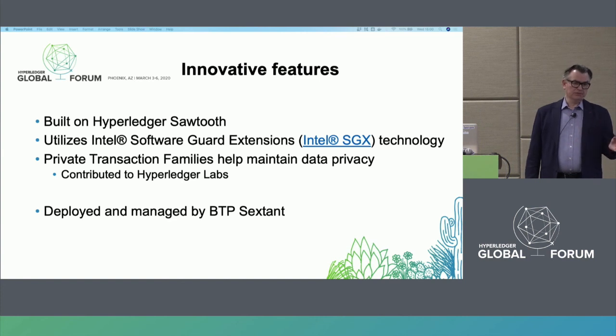There are other alternatives, and there's this constant tension, as we all know, between privacy and being completely distributed.